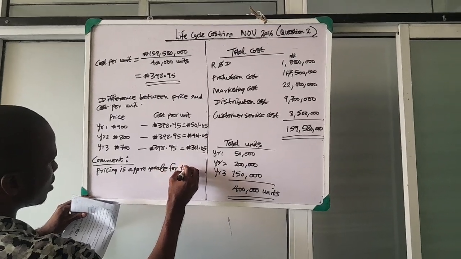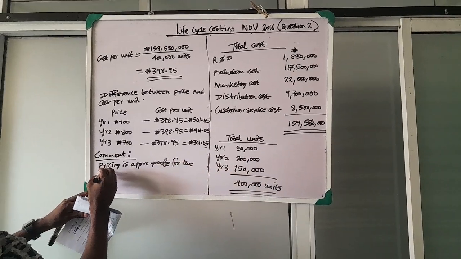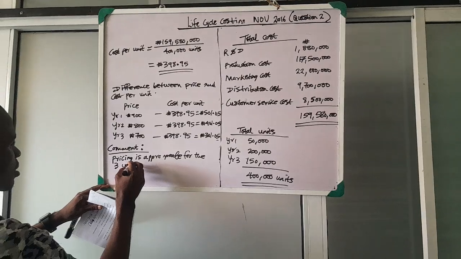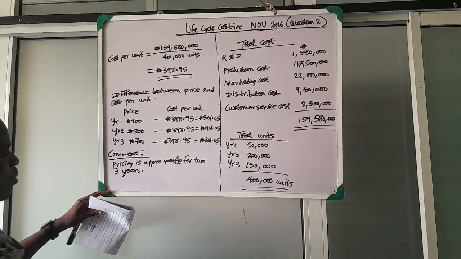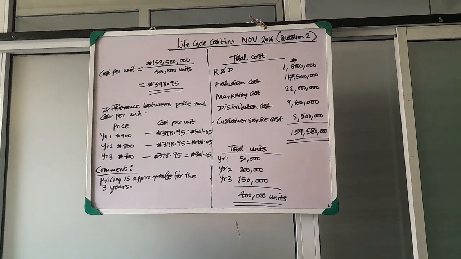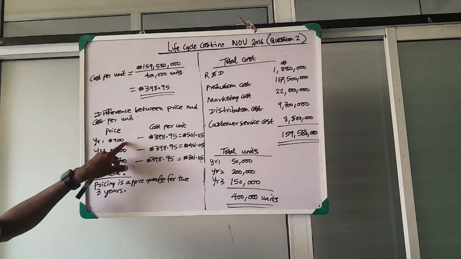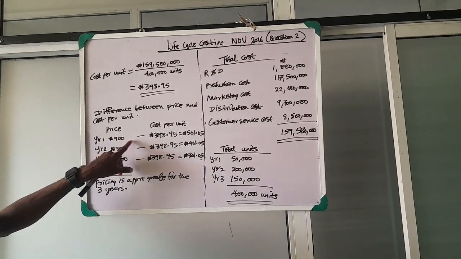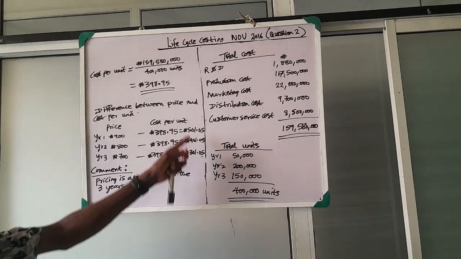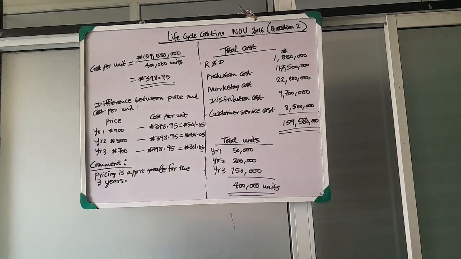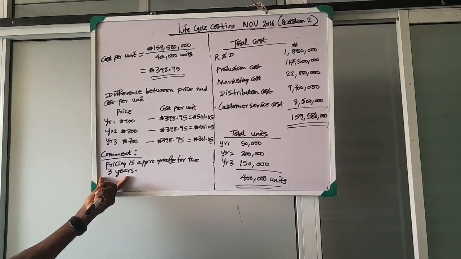It's appropriate for the 3 years because our price or selling price per unit is higher than our cost per unit for each of the years. You can see their difference. So the pricing is appropriate.